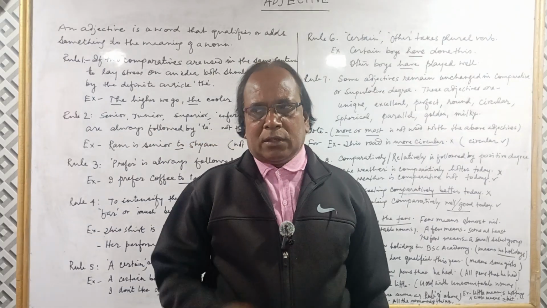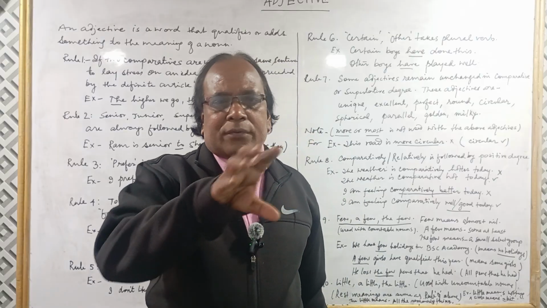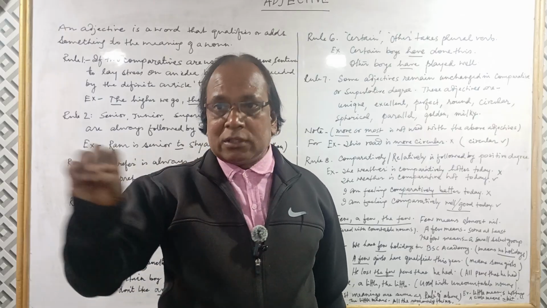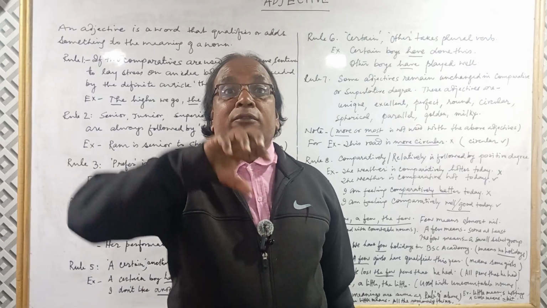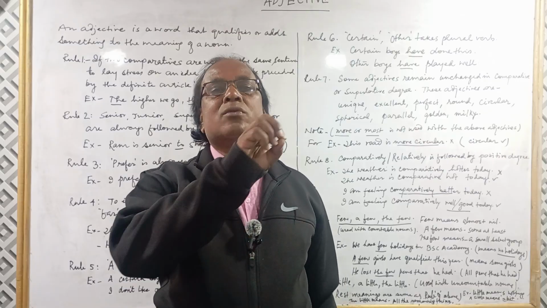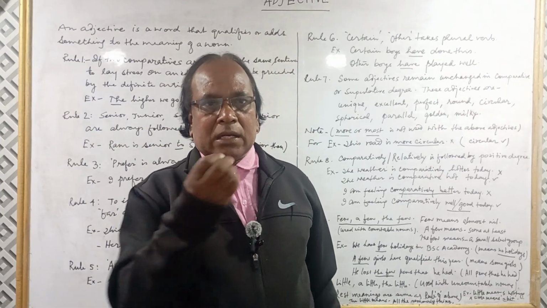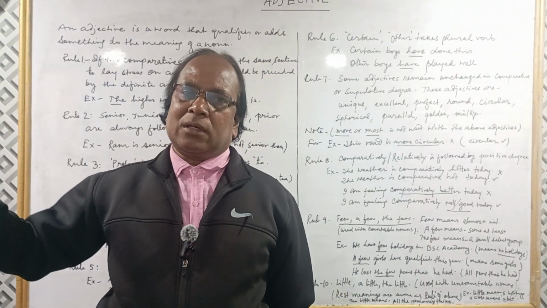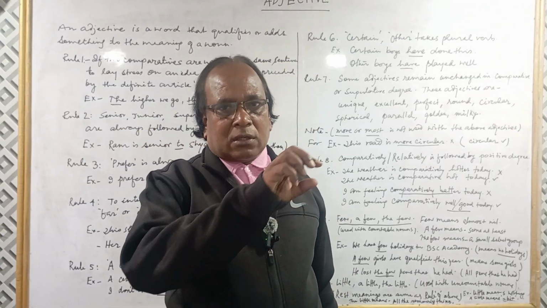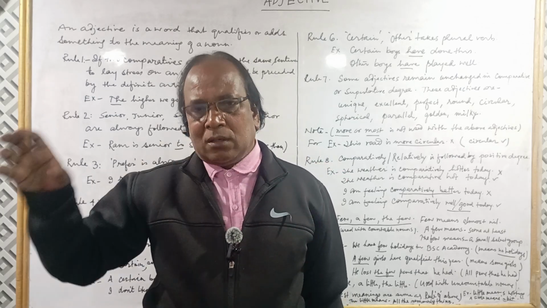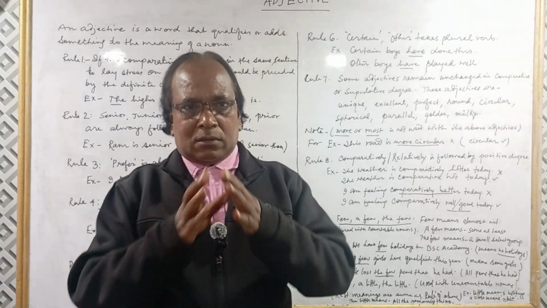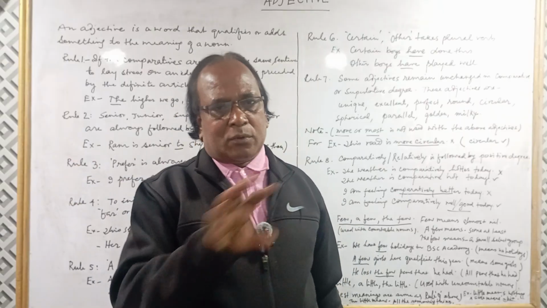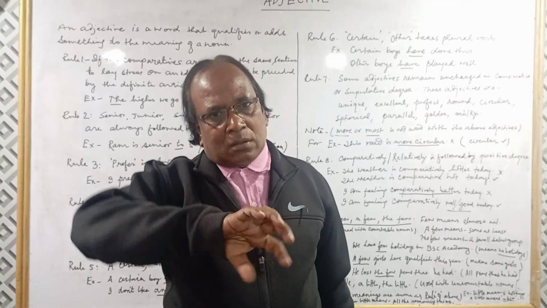For example, if I say a few students are there in the class, it means some students are there in the class. Suppose I say few students are there in the class, it means no student is there in the class. I say the few students that were in the class left the class immediately. It means all the students that were there left the class. So, few means almost nil, a few means some, and the few means those remaining considered altogether.